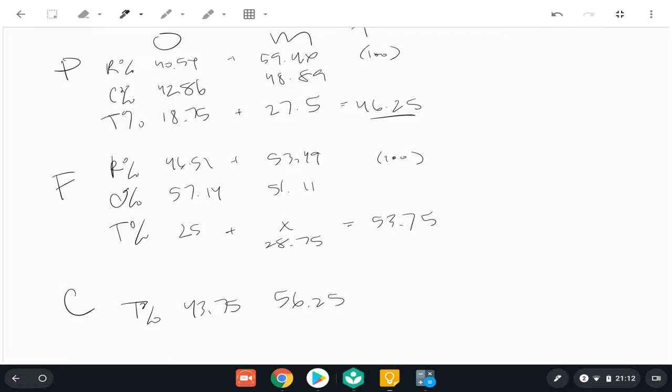So for the column total, column total, column total, C plus C equals C. Okay, so we're going to use this. Oh, x equals 28.